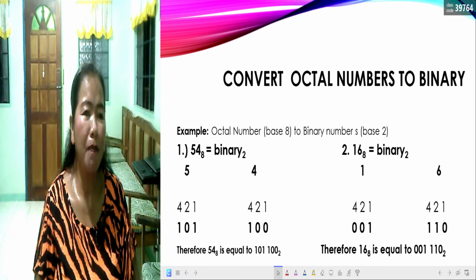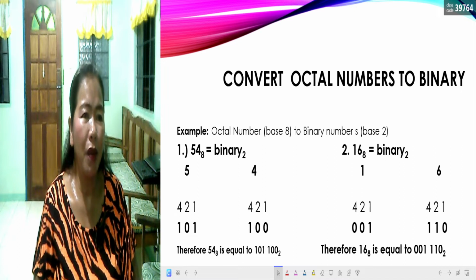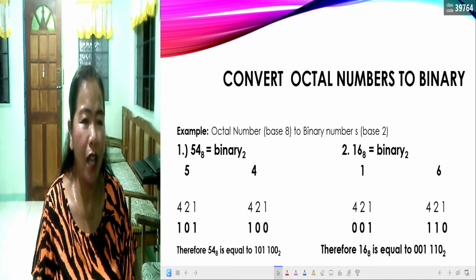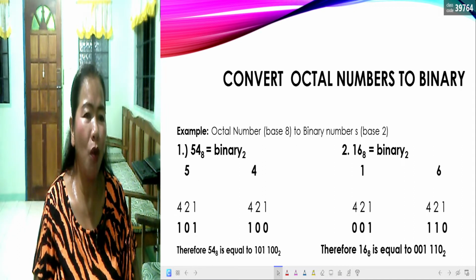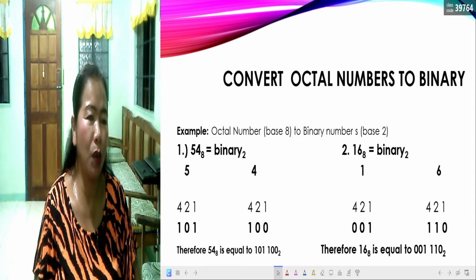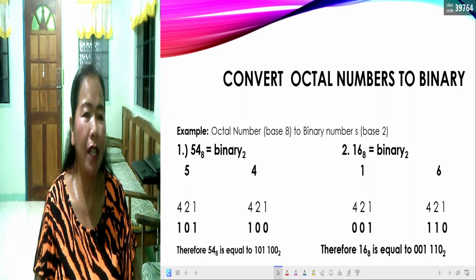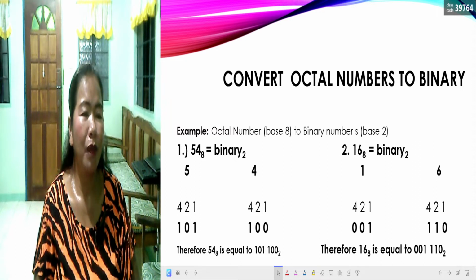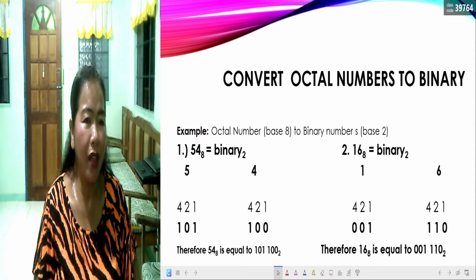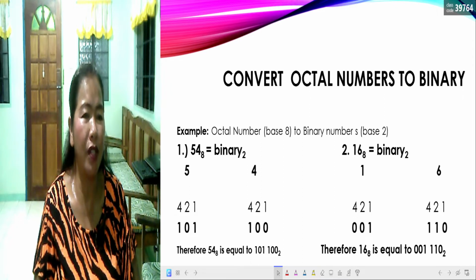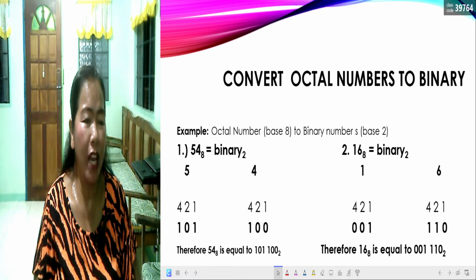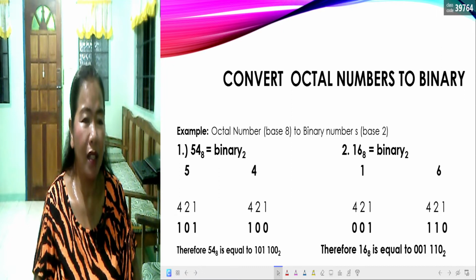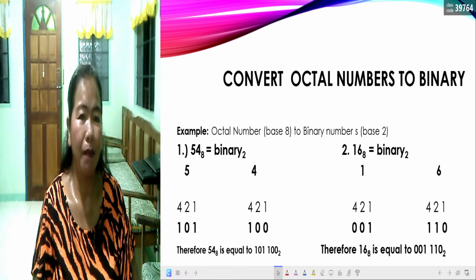So the binary equivalent of 54 is 101 100. 101 is equivalent to 5, and 100 is equivalent to 4. So putting them together, 101 100 is the binary equivalent of 54 in octal.